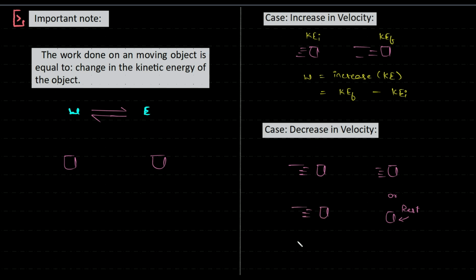The work that we do, that is the energy that we transfer, is seen as decreasing the kinetic energy. Here too we have the kinetic energy of the object initially, and a kinetic energy final, right? Same thing. Yes, we need to subtract, and yes, in this case the work is negative. We'll get a negative work. Here we get a positive answer.